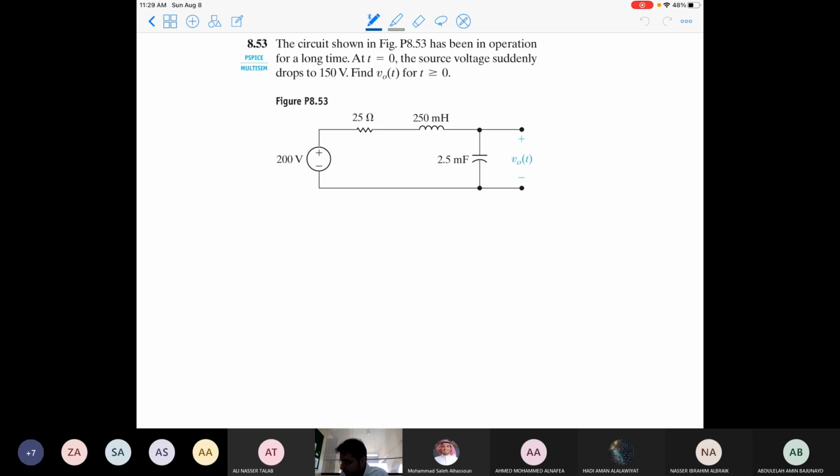So what we are asked to do is find V naught of t. Let's first draw it for t less than 0. For t less than 0, the capacitor will behave like an open circuit.